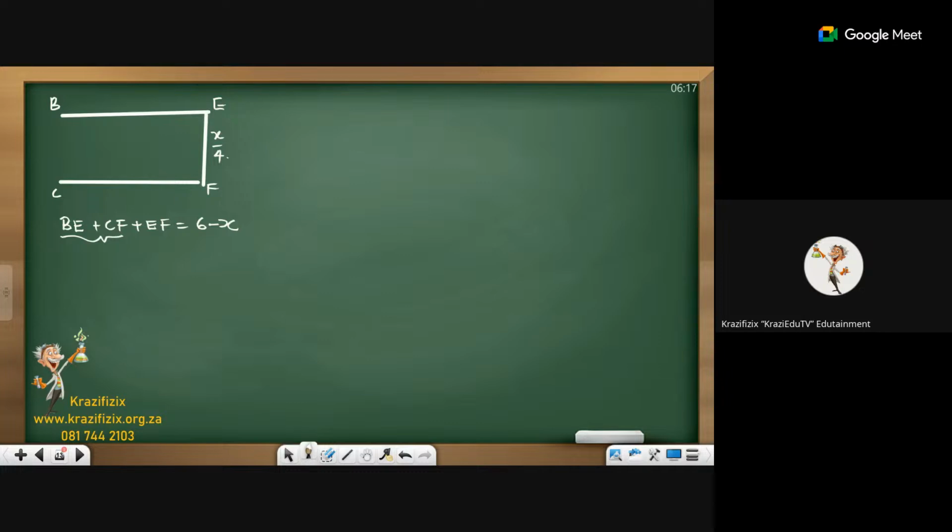Therefore, can we say 2? Okay, let's see. 2 minus X over 4. Guys, try to simplify this. I can write this as 6 minus X minus 1 over 4X.